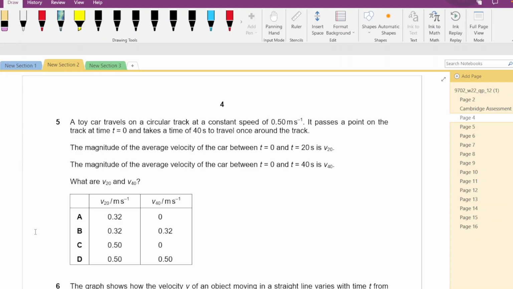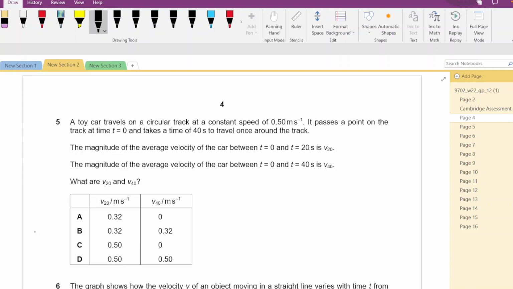The magnitude of the average velocity of the car between t0 and t20 is v20. The magnitude of the average velocity of the car between t0 and t40 is v40. What are v20 and v40?